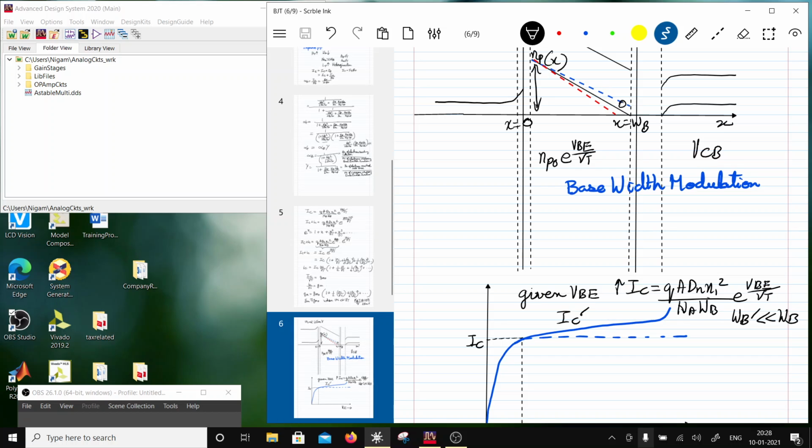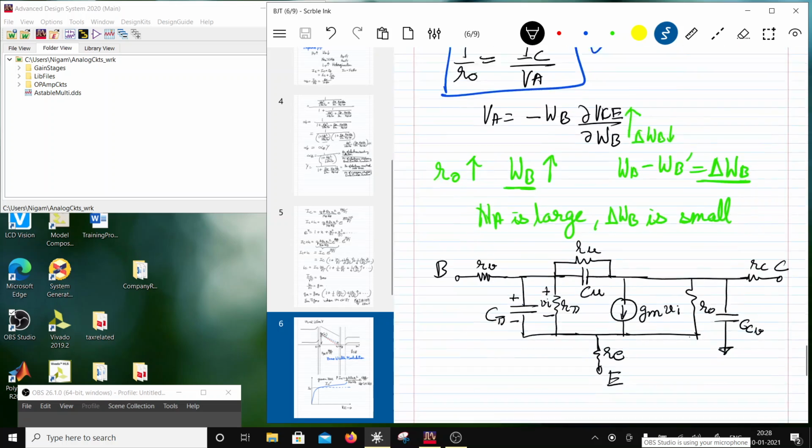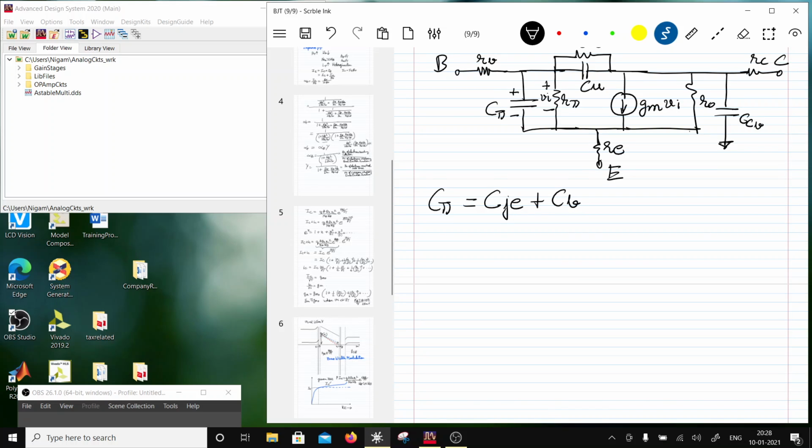So with this clear, there is a CJE. So if you look at here, CJE plus CB is going to be equal to C pi. Now what is this CJE going to be? Okay, this is going to be IC.